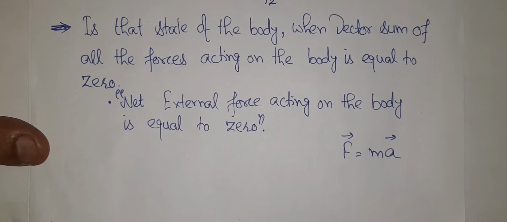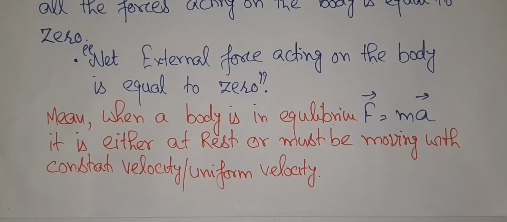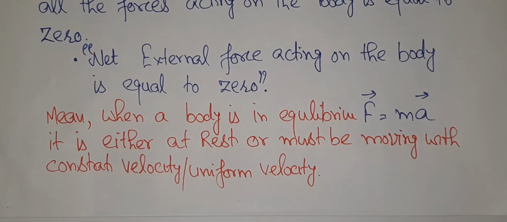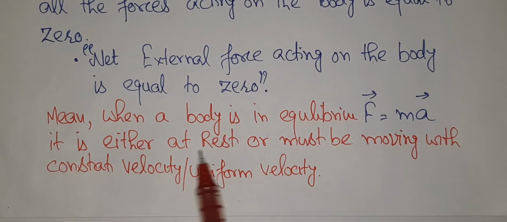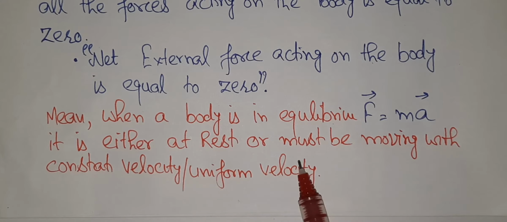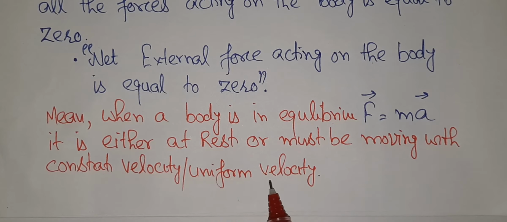In that case also the acceleration of the body will be equal to 0. Meaning, a body in equilibrium will either be at rest or moving with constant velocity, uniform velocity. It can't accelerate, it will never be accelerating.